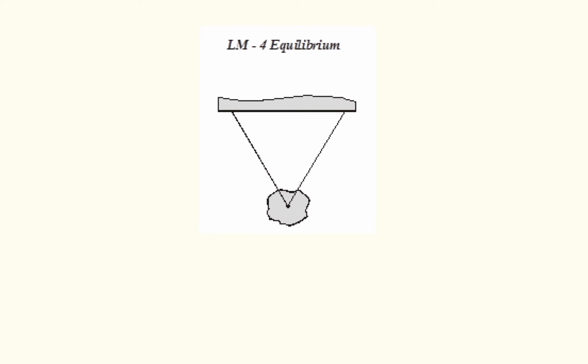All right, here is LM4, which is also in equilibrium. We've got a rock suspended by two strings. Both these strings make the same angle, so they're going to have the same tension. And we'll get to that in just a second. But first things first, I want to make sure that I draw my gravitational force.